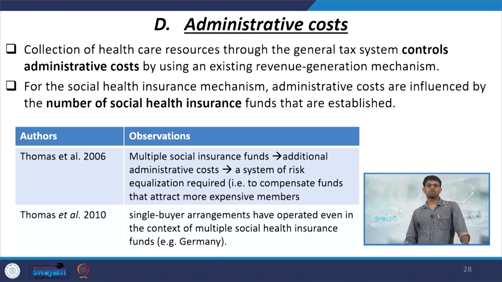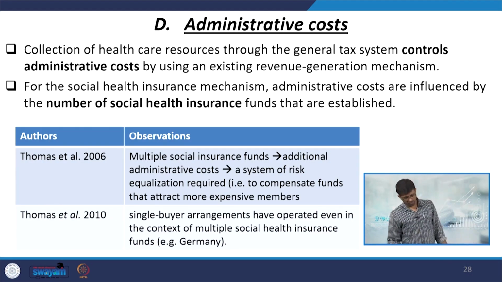They discuss how multiple social insurance funds have led to additional administrative costs, of course, and it also requires a system of risk equalization, to compensate funds that attract more expensive members as well.